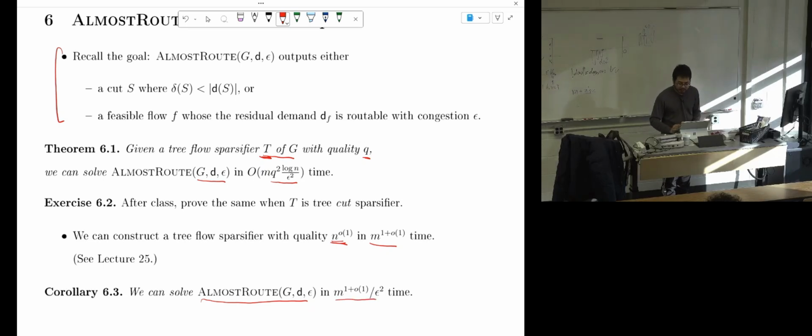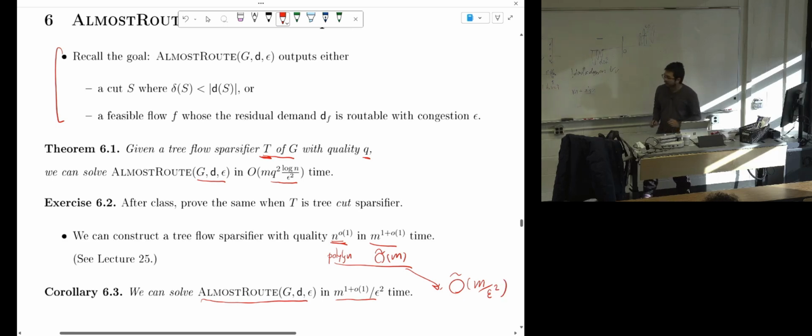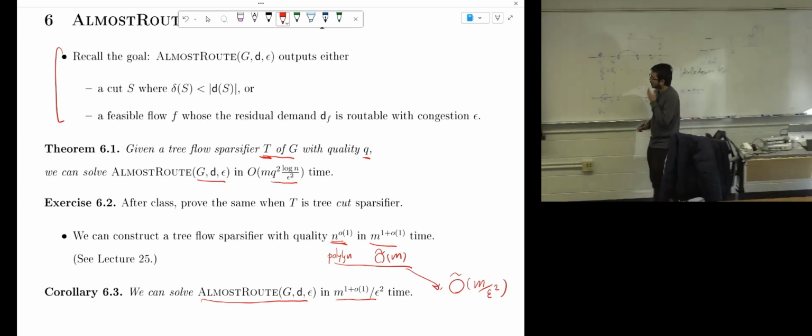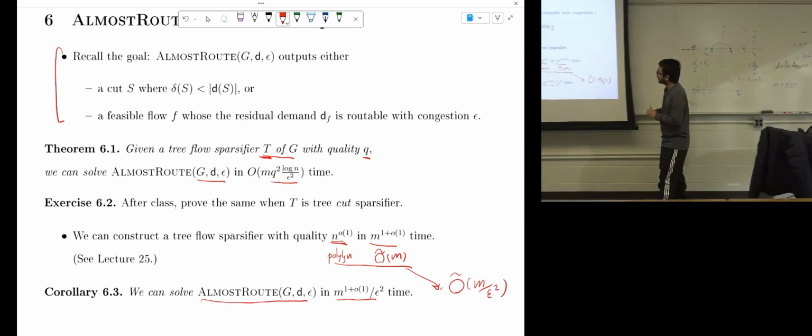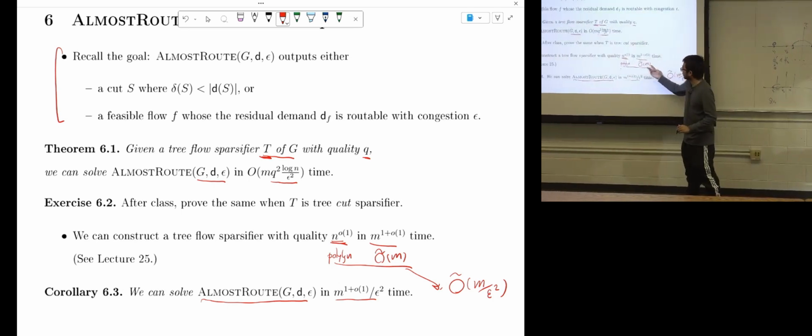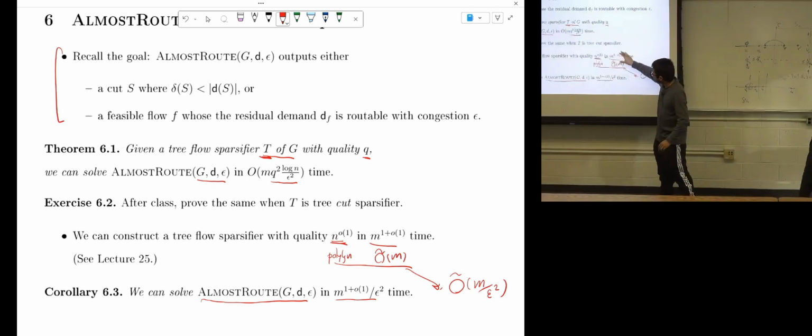In the literature, we actually know how to build this with polylog quality and nonlinear time, and that would imply an improvement to just polylog, instead of n to the little o of one. Anyway, we didn't see this one, but we saw this one.